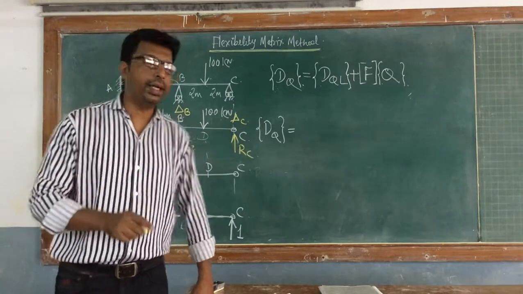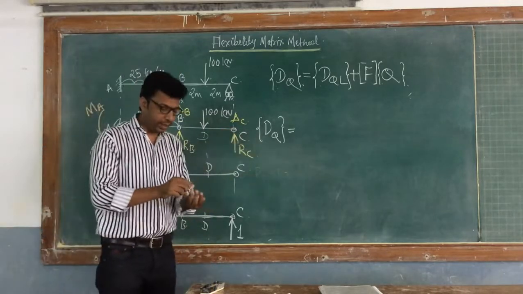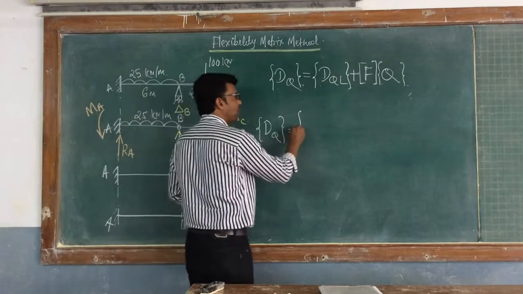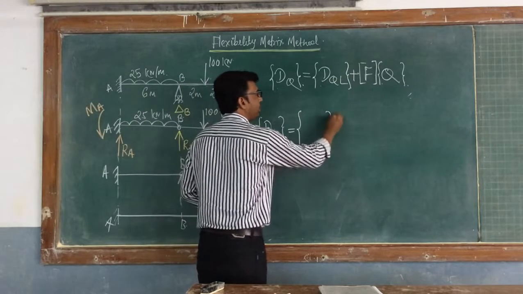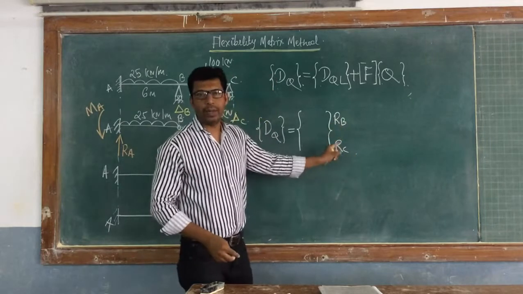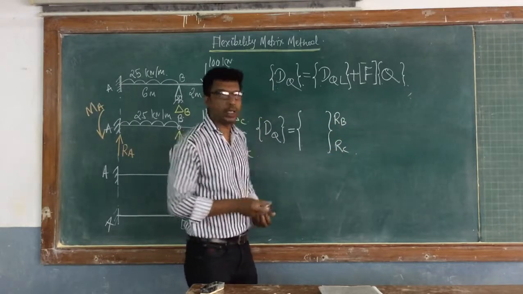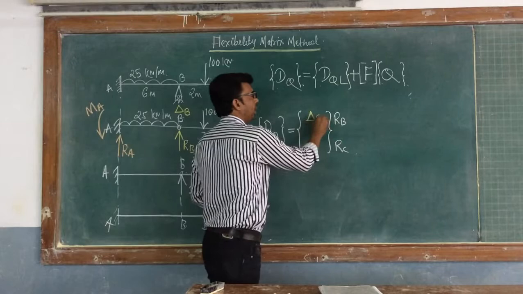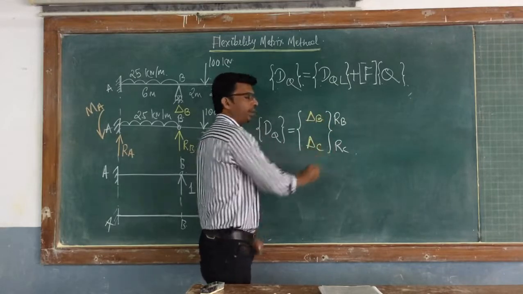That is nothing but Dq. Dq is displacement corresponding to unknown reactions. Unknown reactions are RB and RC. Corresponding displacements are delta B and delta C.